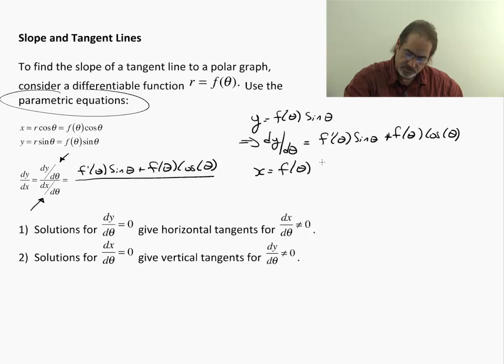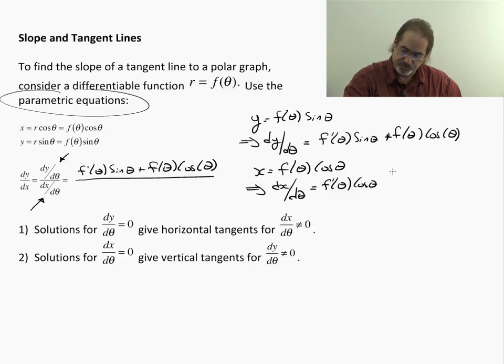of theta cosine theta, then dx/d theta will be f prime of theta cosine theta minus f of theta sine theta. The negative came up because I knew I was taking the derivative of cosine. The derivative of cosine is a negative sine, so I brought the negative up front.